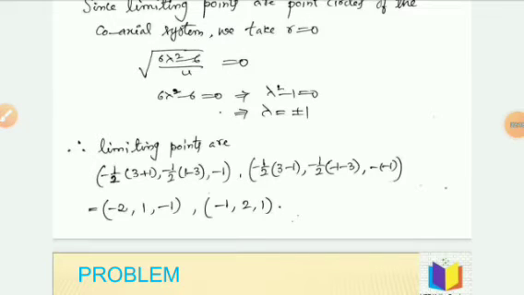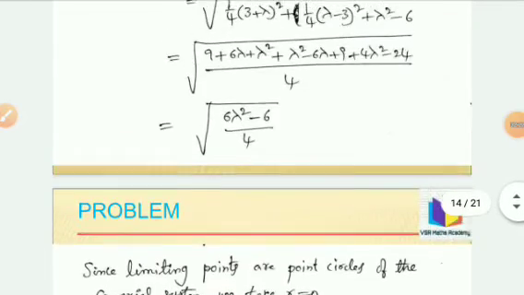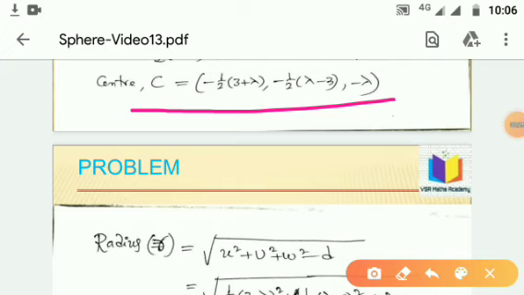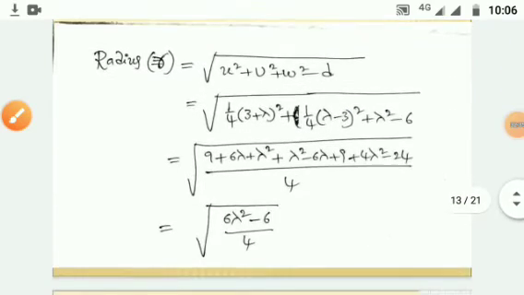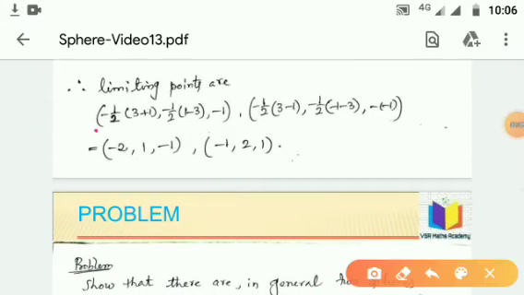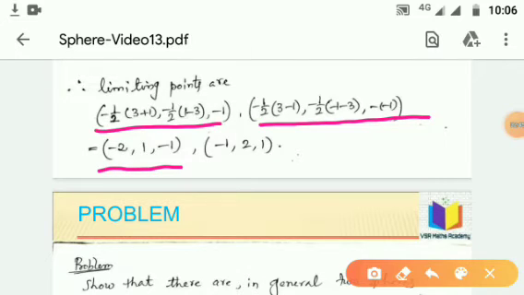By taking lambda values as plus 1 and minus 1 in the center of the given sphere, you will get the limiting points. By taking lambda is equal to 1, you will get one limiting point, and by taking lambda is equal to minus 1, you will get another limiting point. On simplifying this, you will get minus 2, 1, minus 1 and minus 1, 2, 1.